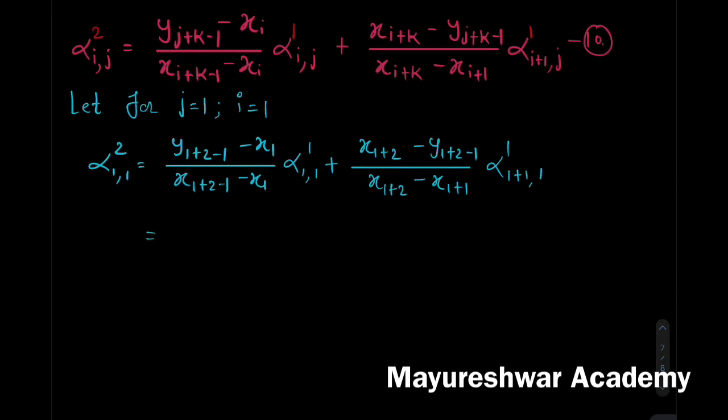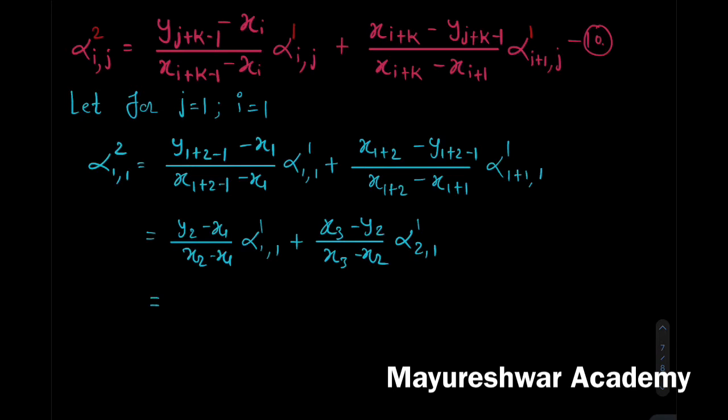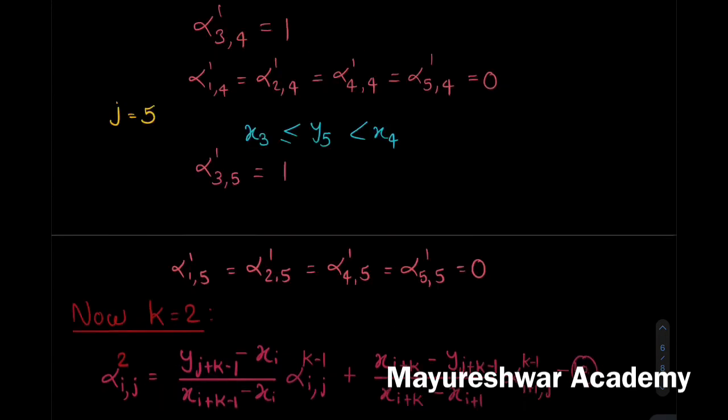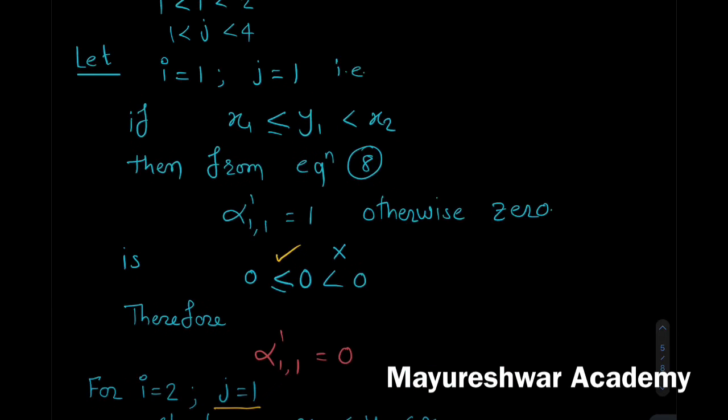So this is y2 x1 divided by x2 minus x1 alpha 1 comma 1 first order, x3 minus y2 divided by x3 minus x2 alpha 2 comma 1, and is equal to, so we need to substitute the values of y's and x's.